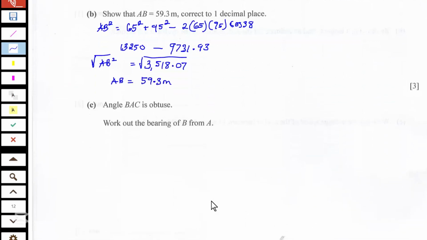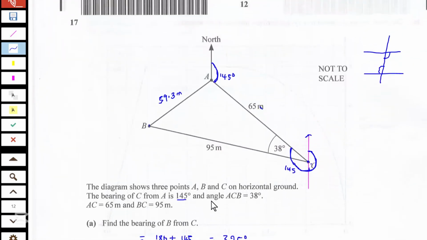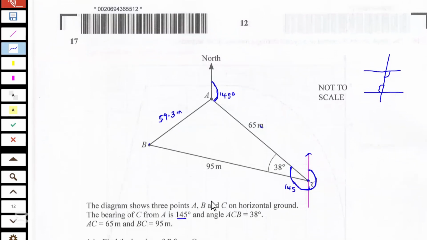Now, question C. Angle BAC is an obtuse angle. Work out the bearing of B from A. So we need to work out the bearing of B from A, which is simply this bearing. The bearing of B from A will be the whole of this angle.